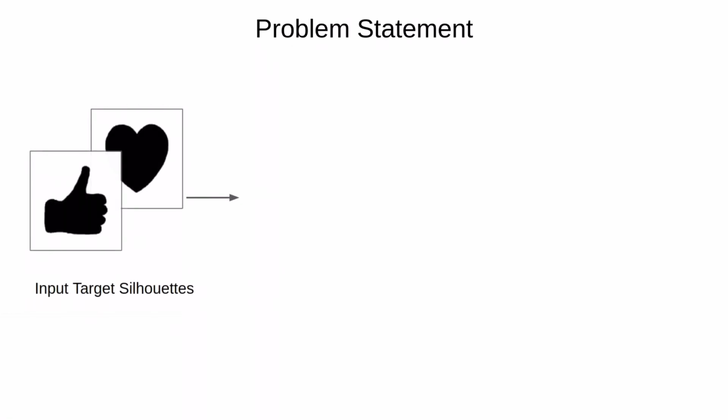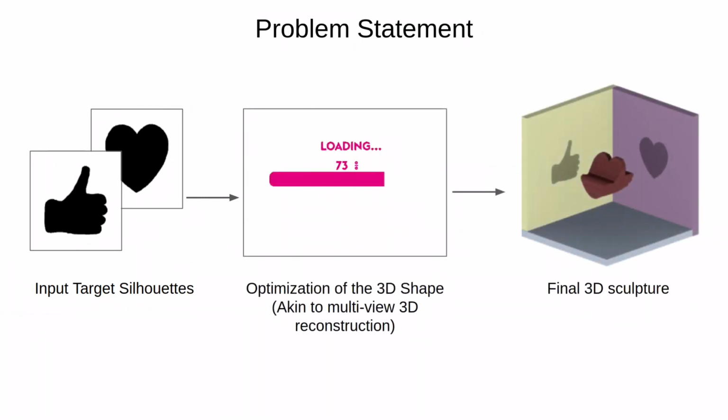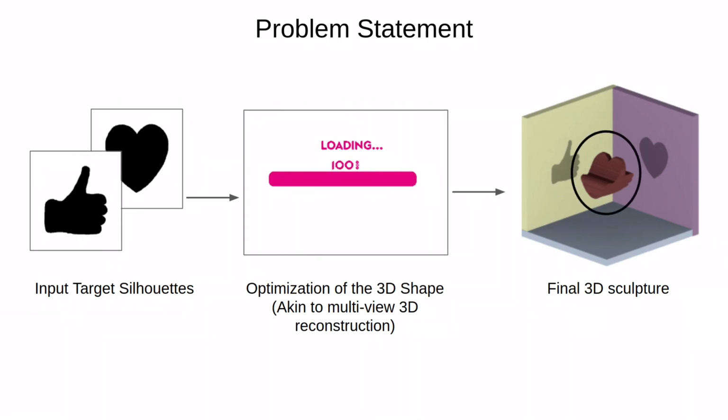Hence, the shadow art problem is similar to a multi-view 3D reconstruction problem where we try to estimate the 3D structure of an object given its n silhouette views. However, in case of shadow art, the learned 3D sculpture may bear no resemblance with any real-world object.